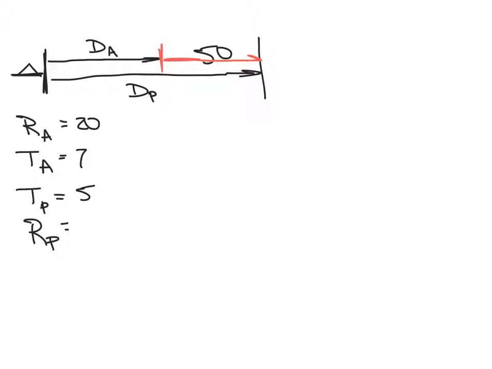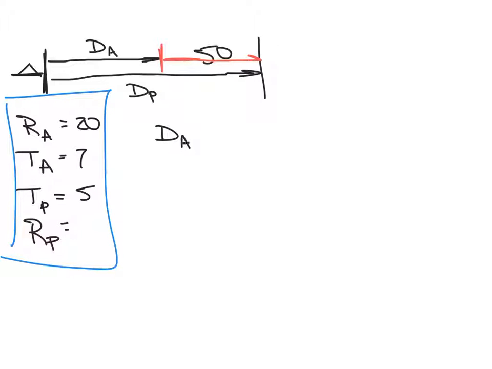So we've got a bunch of information right here, which is good, but how do we make that into an equation? We have to write the equation, and then we fill in the letters with that stuff. So our equation is the distance of Achilles plus 50 would be the distance of Patroclus.